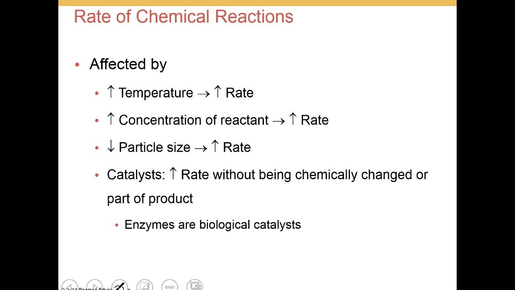They bump into each other more. So that increases the rate of the chemical reaction. Or you could add in a catalyst. A catalyst is anything that increases the rate of a chemical reaction without being changed. Later on, we're going to look at a good example of these: enzymes, which are biological catalysts. They're made out of proteins.